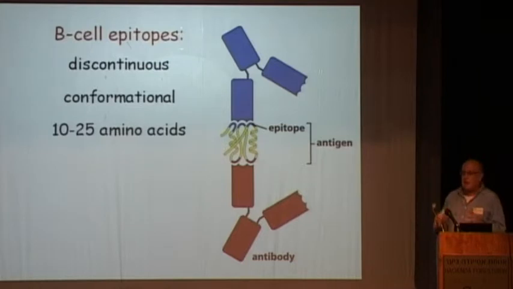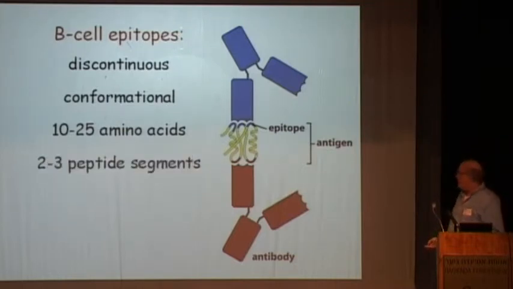They usually contain about 20 amino acids, whereas proteins are usually in the realm of maybe 200 to 600 amino acids. So this gives you some sense of the size of what antibodies actually recognize. They normally comprise two or three segments of the protein that are brought together through the folding of the protein such that they create a contiguous surface.